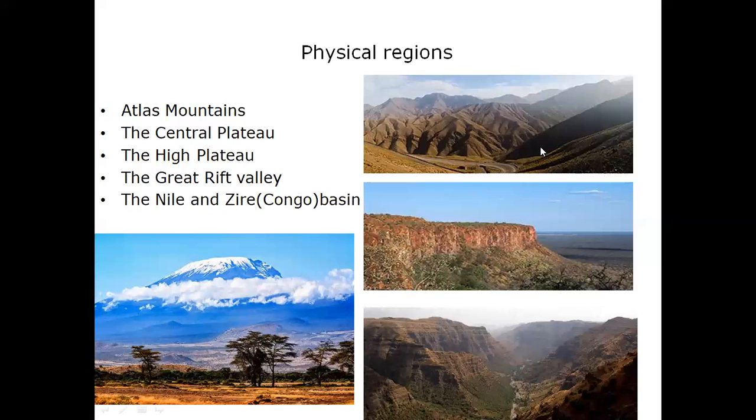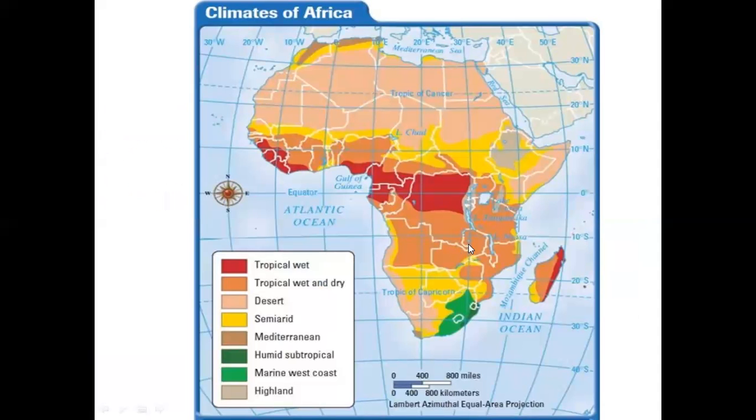Now, students, let's look at the climate and vegetation that are found in the African continent. So students, you should now be able to identify where the equator lies, right? So where is the equator?